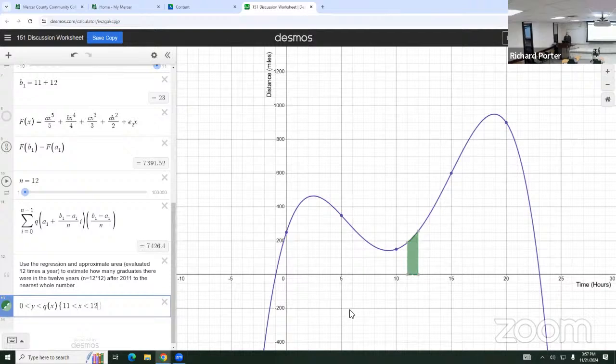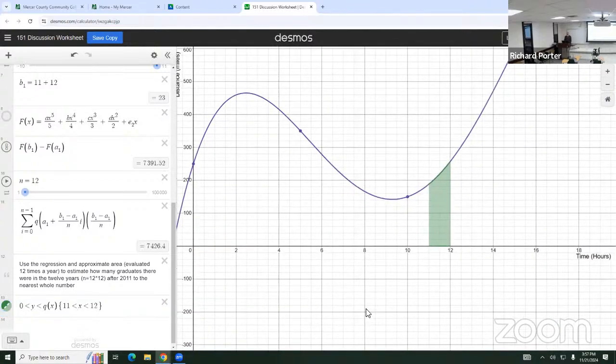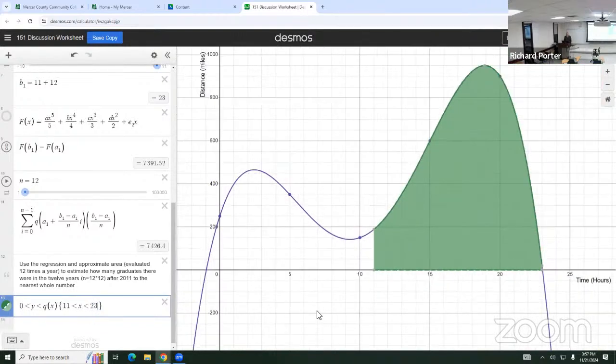That's what they want. That's not a whole lot. Oh, 12 years after. Oh, sorry, 11 and 23. Sorry, my bad. Okay, that's what they want to add up. These are all the graduates between 2011 and 2023. And we find the area there.